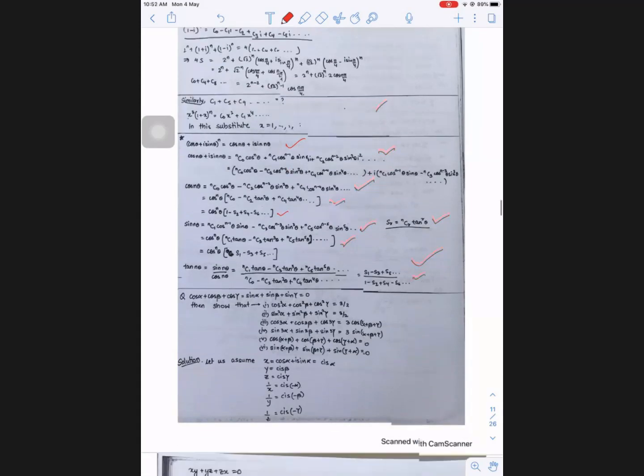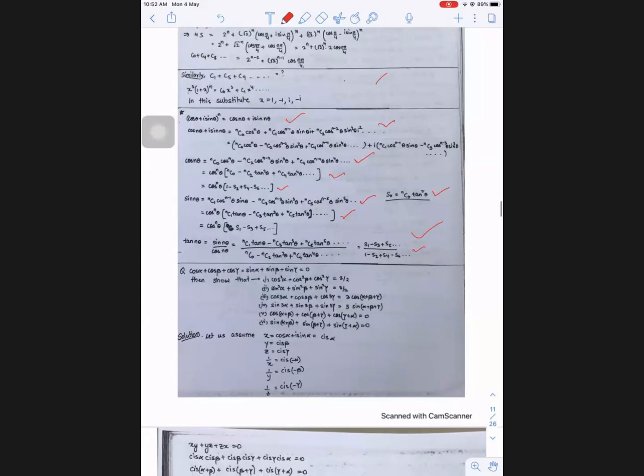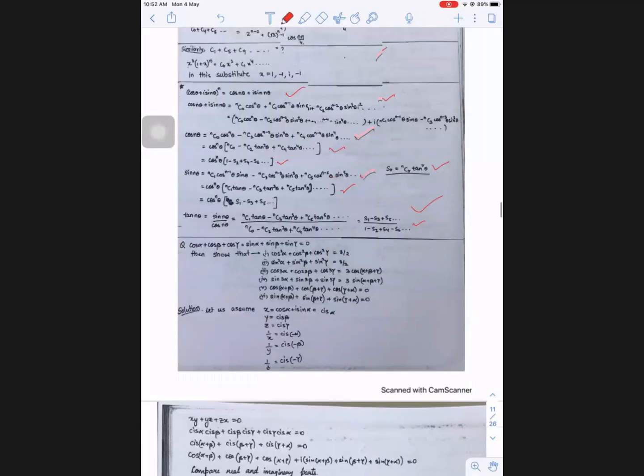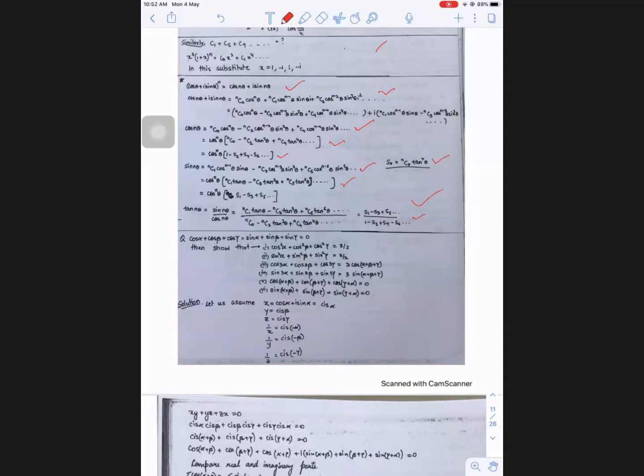So by using complex numbers, in the same way, some questions look like trigonometry, but compared with the trigonometry formulas, usually you can solve them by using complex numbers. For example, if you see this question: cos alpha plus cos beta plus cos gamma, sin alpha plus sin beta plus sin gamma equal to 0.